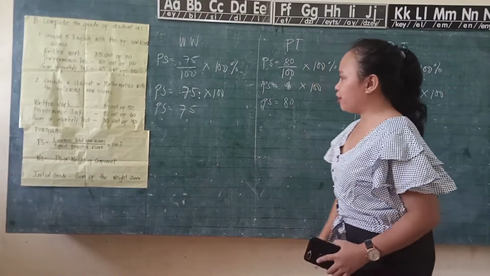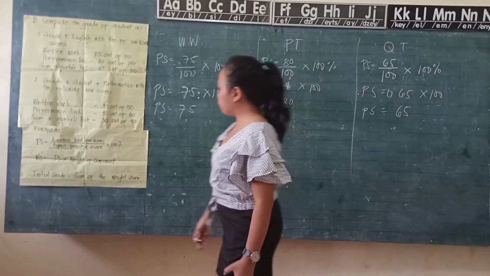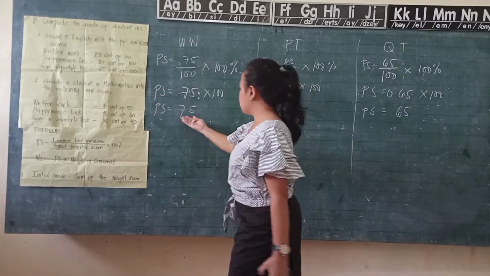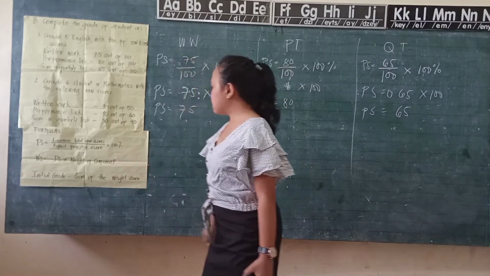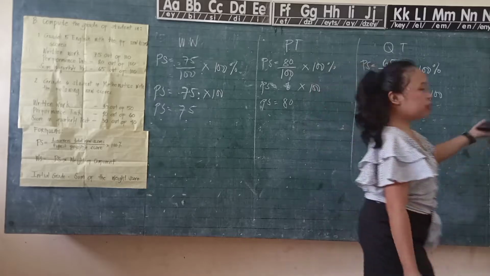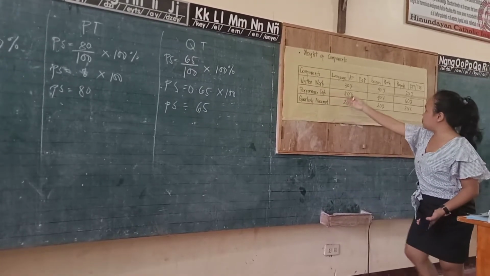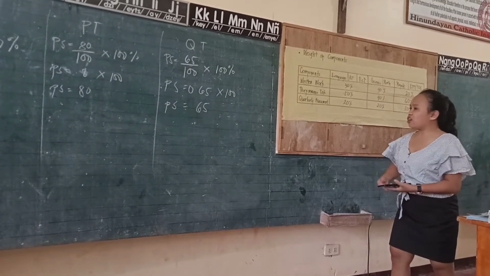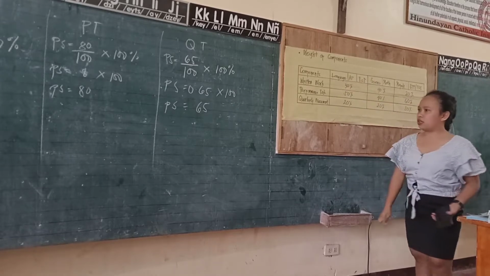So let's move on in solving the weighted score with the use of the formula PS times weight of component. So this is the number that we are going to use, and the weight of component depends on the subject that we are focusing on. So these are the weight components for the written work and performance task.